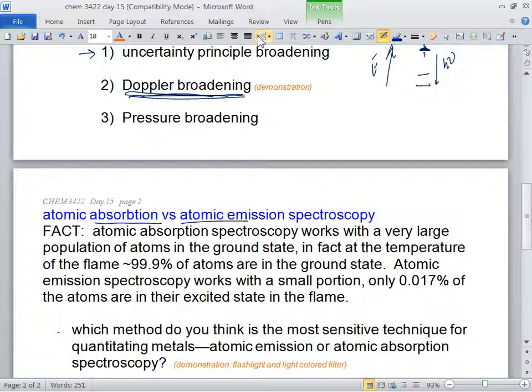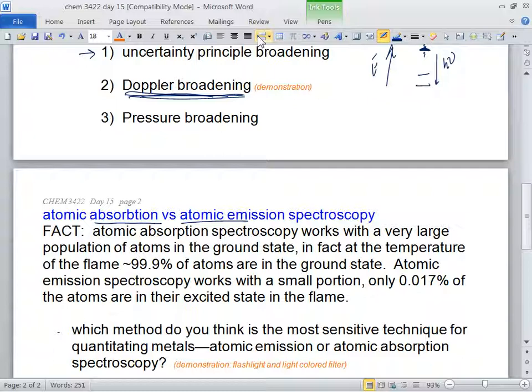But then, that's where we go into the room and do the little demonstration that I showed you. We had case 1 and case 2. Case 1 was just putting a yellow filter in front of a lamp, a flashlight, and seeing the change in intensity. Case 2 was having the flashlight off and then seeing a little bit of light.